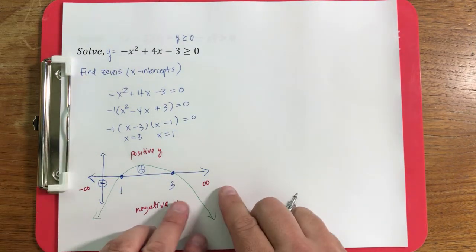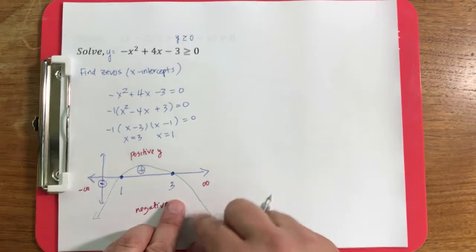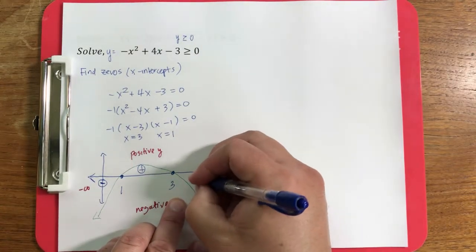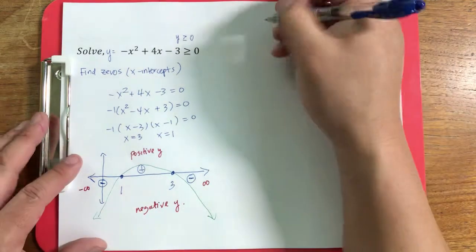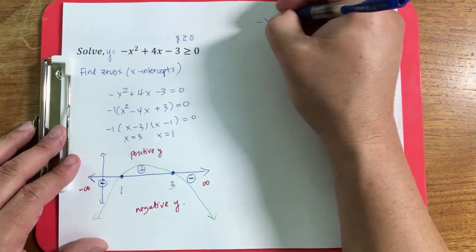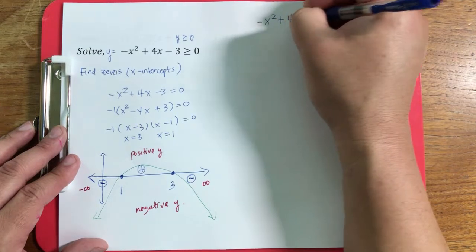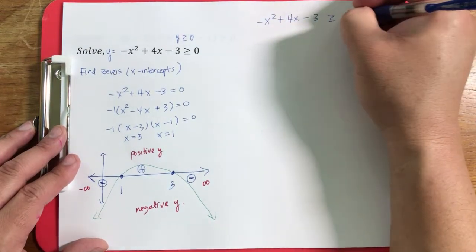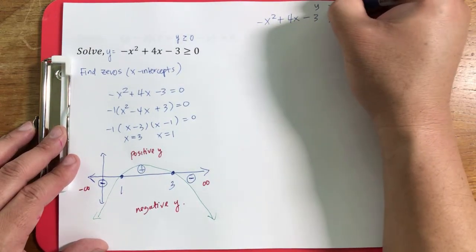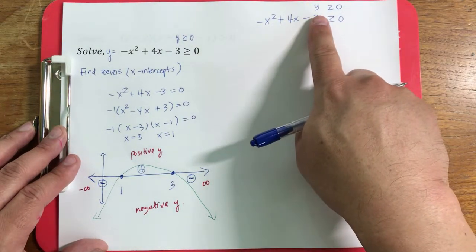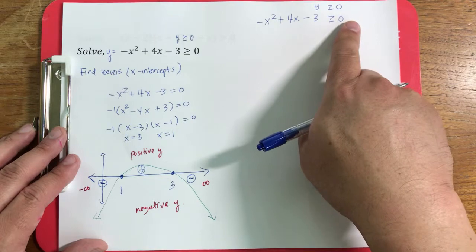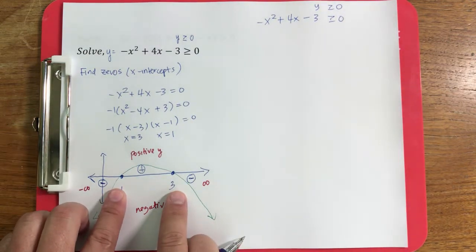And the graph is in the negative y area between 3 and infinity. So if we go back to our original question, when is y greater than or equal to 0? Well, that's between 1 and 3.